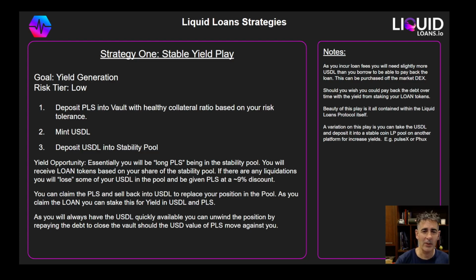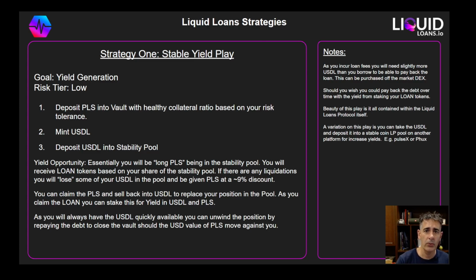Now, what that means is if there is a liquidation, not of your vault, but of someone else's vault, then a bit of your USDL will be extracted out of the stability pool to pay down their debt. And in return, you will get given Pulse, at about a 9% discount to the current market price where that's liquidated.